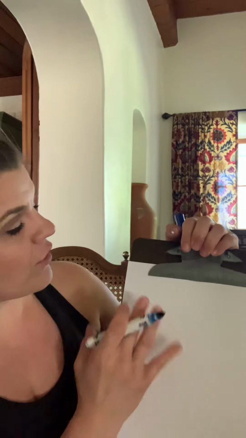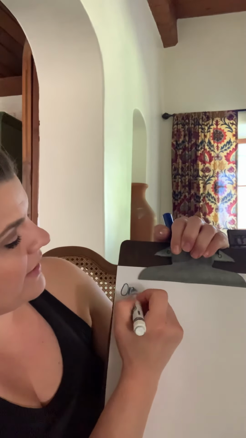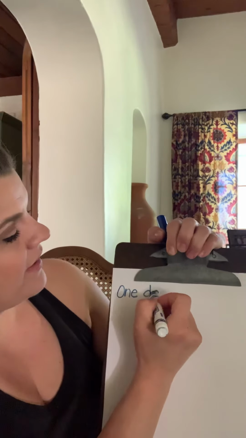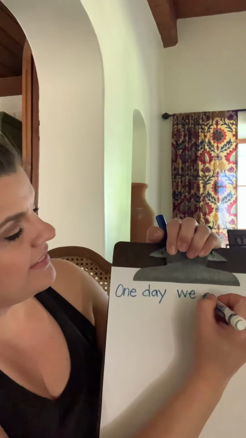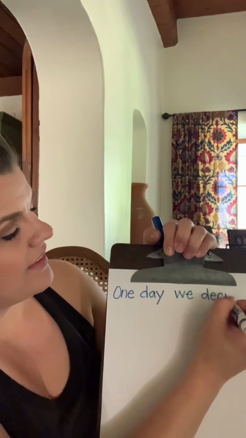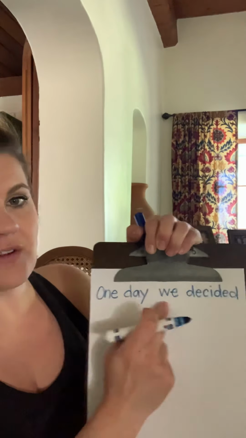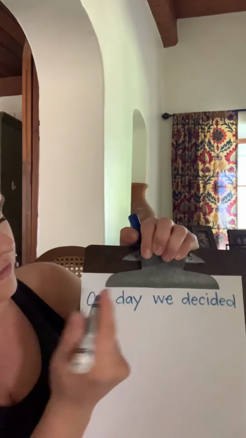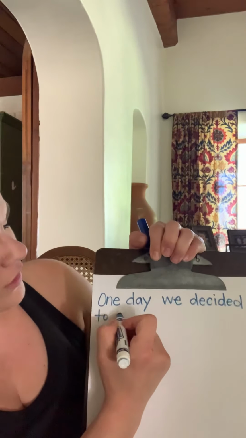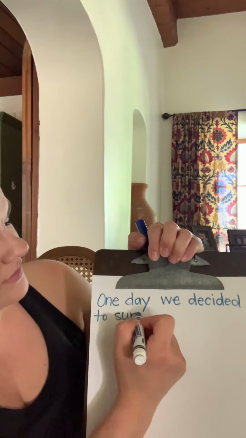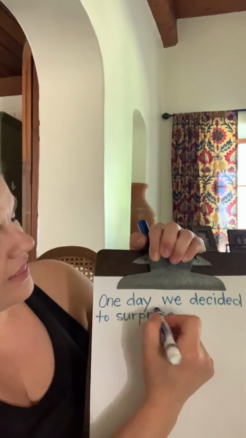So I'm going to start with my topic sentence. I'm going to write: one day we decided. Remember, when you don't have enough room, you swoop down to the next line. One day we decided to surprise the kids.